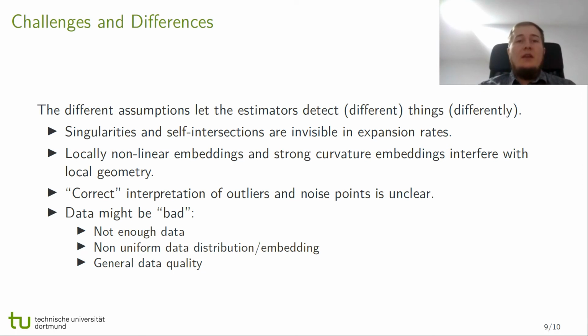A similar behavior can be observed in the case of locally nonlinear embeddings and strong curvatures, which again does not affect expansion rate-based estimates, as these effects are of a purely geometric nature. Besides that, we observed a clear difference in estimates of outliers and unrelated noise points. The different approaches give clearly different results, however none of them appear unreasonable.